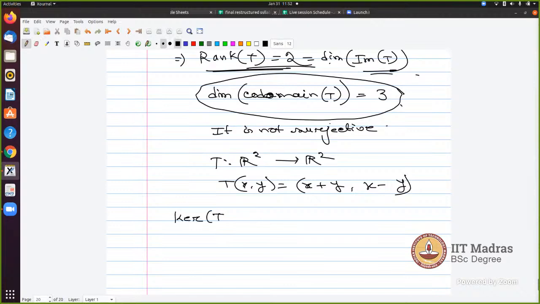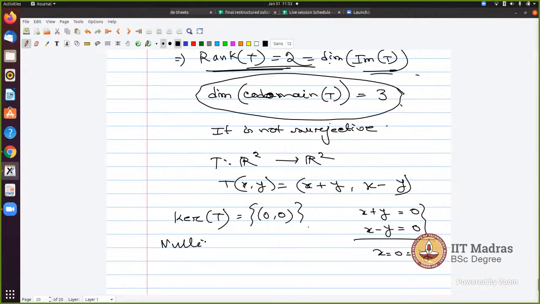Kernel is easier to find. Only the trivial solution. So the kernel is basically the 0 vector, nullity is 0, so T is injective.